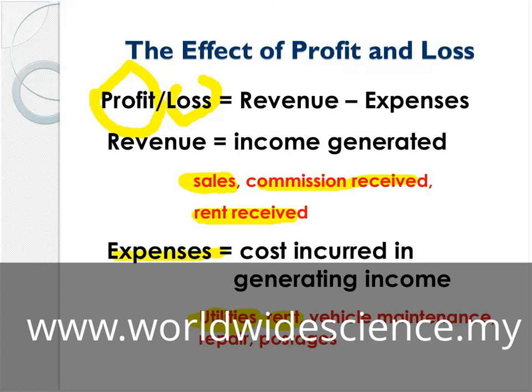And vehicle maintenance, we have some cars, and we pay for petrol and so on. The repairs of the buildings and cars, postage, we have couriers and so on. And these all are expenses. I can also add salary, right? The staff salary is also an expense of the business.